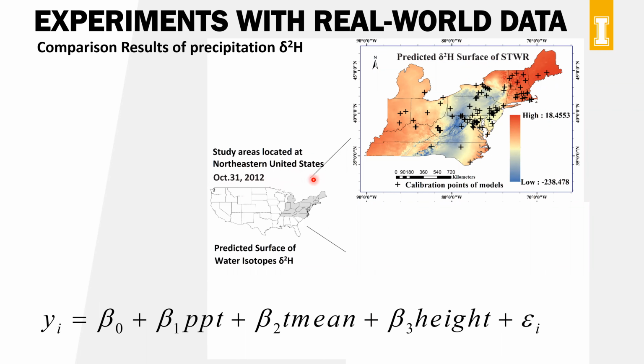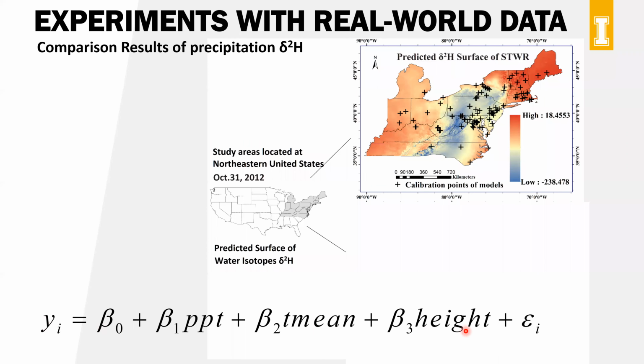That's three days, sampled once per day. This cross plot is from the northeast US, and these crosses are the sampled locations. That's the precipitation hydrogen isotope, which is Y here.